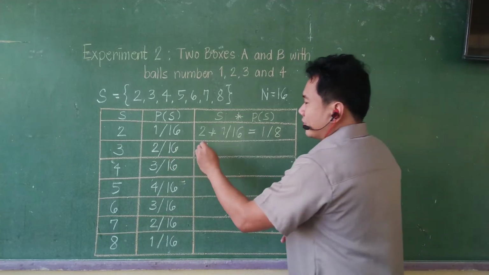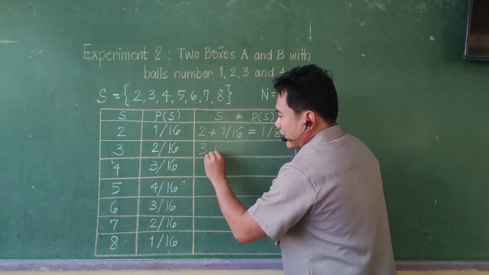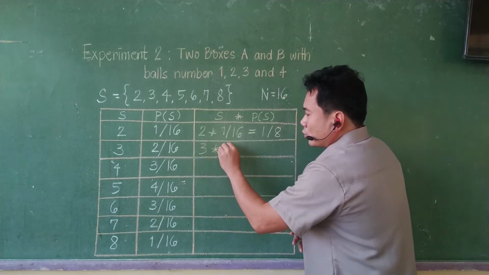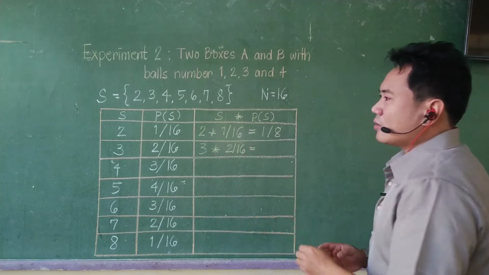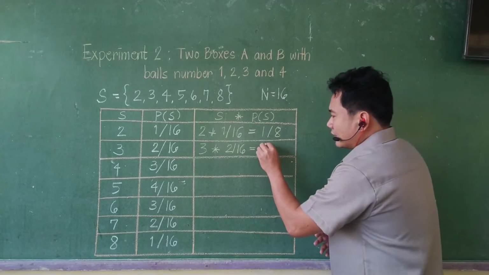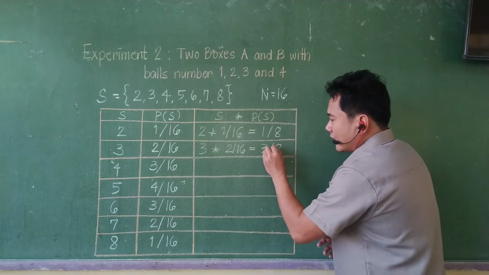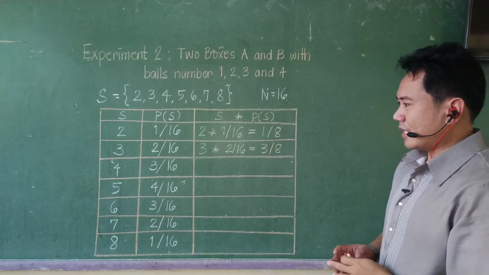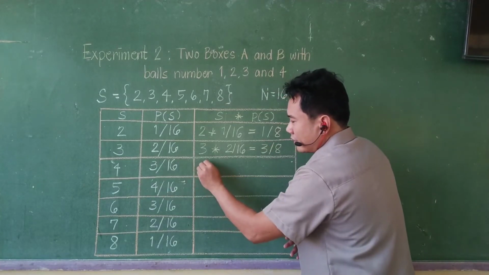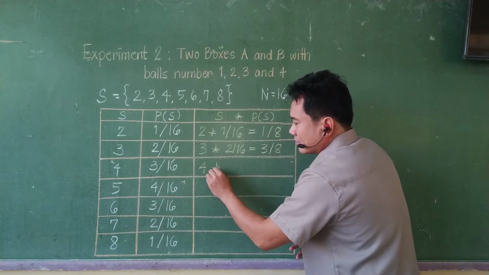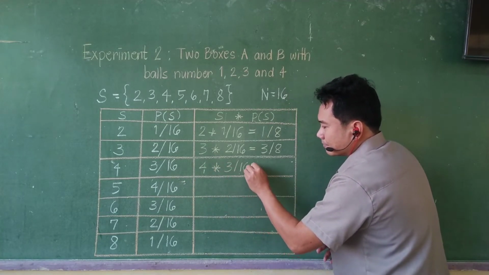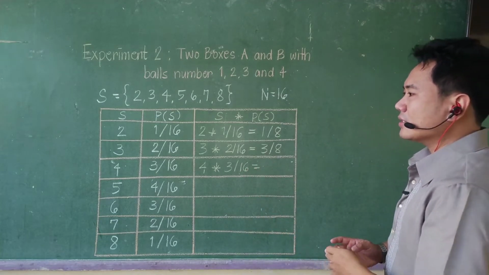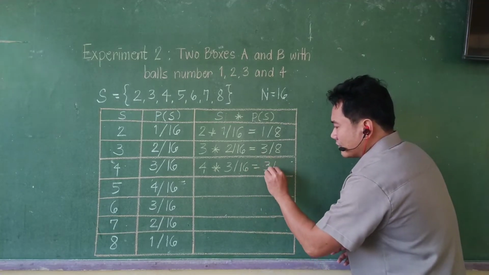Next, 3 times 2 over 16 equals 3 over 8. Next, 4 times 3 over 16 equals 3/4.